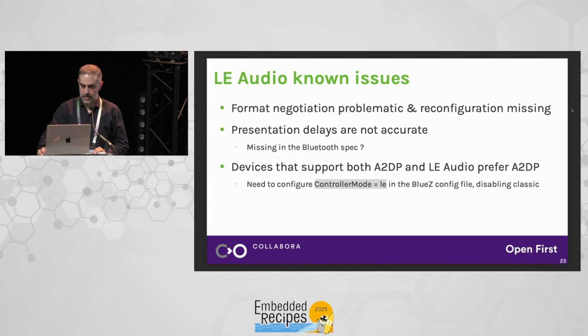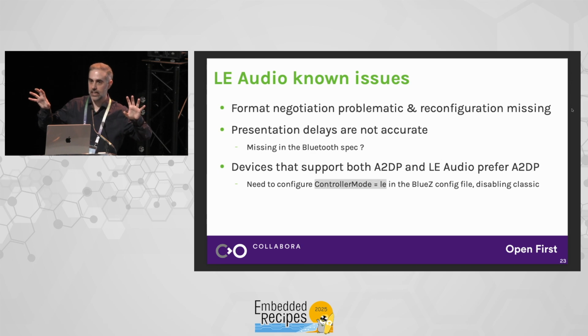And finally, we have a big problem with devices that implement both A2DP classic and also LE audio because there is no profile, there is no specification in Bluetooth that tells us how to negotiate between those two because they are on different stacks, they are totally independent. And if the headset supports A2DP, it usually prefers A2DP instead of LE audio.